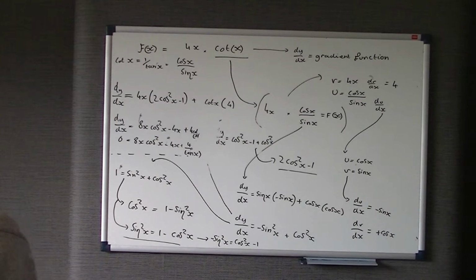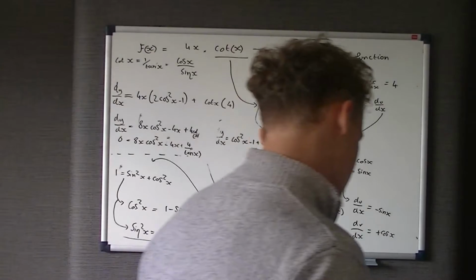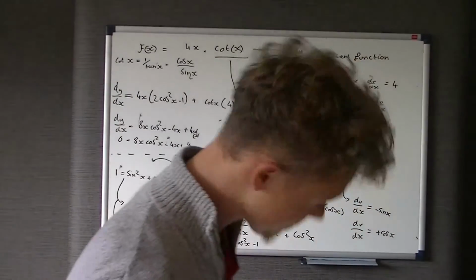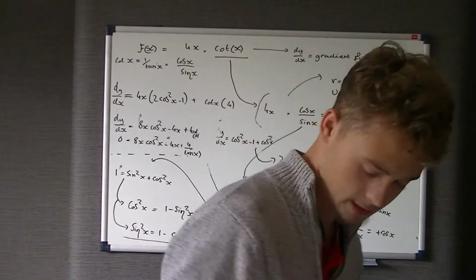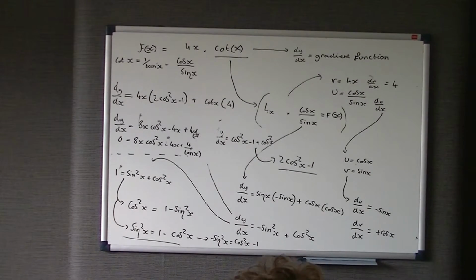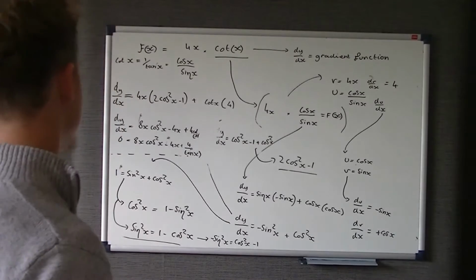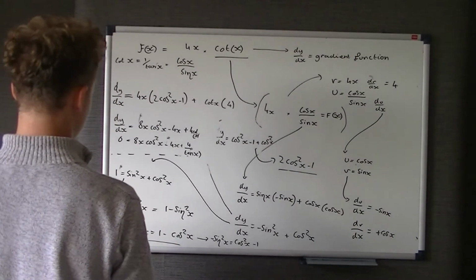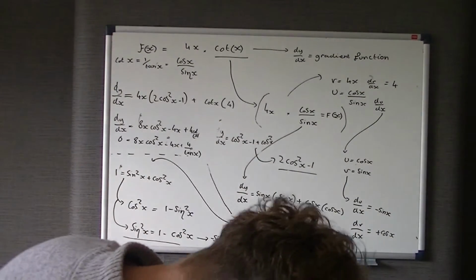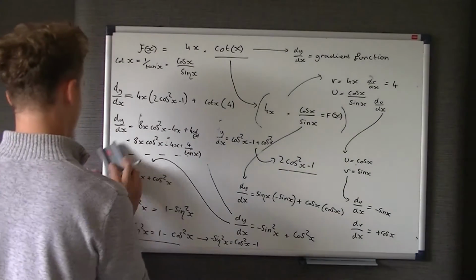What you do from there is you'd find what x is, and it's asking... oh, damn it. Oh wait, what's it saying? It says find the gradient of the curve where x equals 0. Oh yeah, sorry, I've done that the wrong way around.